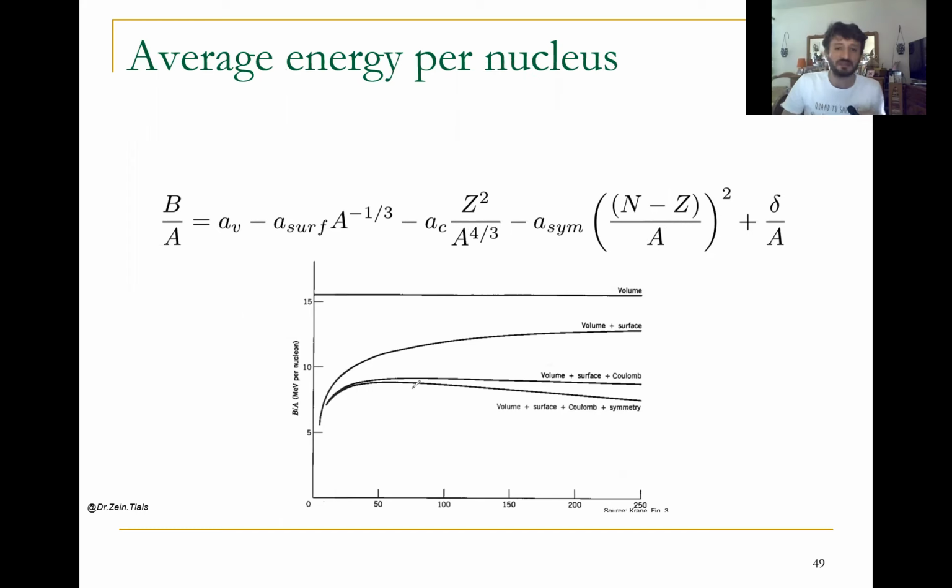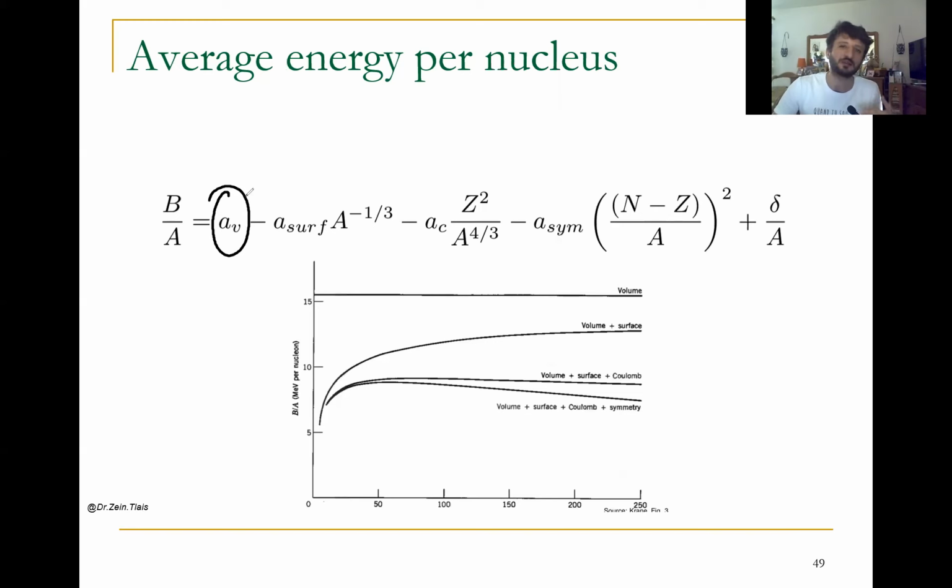Let me here draw the binding energy per nucleon in terms of the mass number A. In general, if we take only the volume term, we find that the binding energy per nucleon is constant for all nuclei.